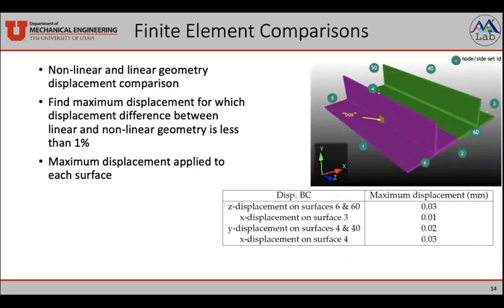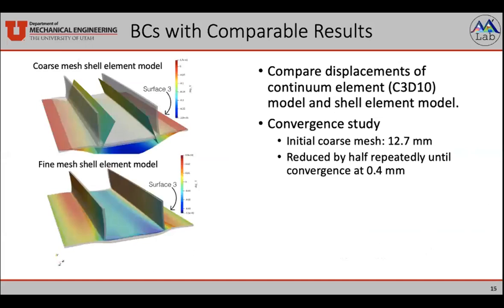And here we have all of the applied displacement boundary conditions and their maximum allowed value that we found with a similar process. To compare the solid element model to the shell element model, we similarly compared the displacements.